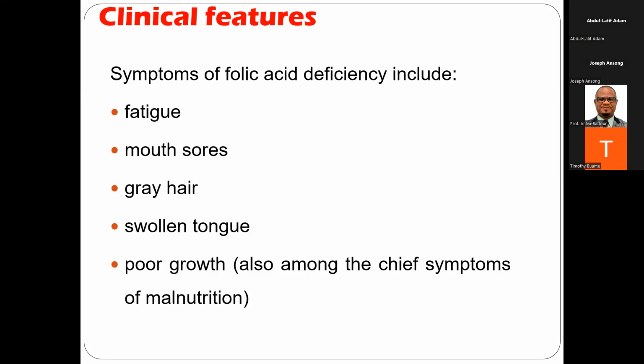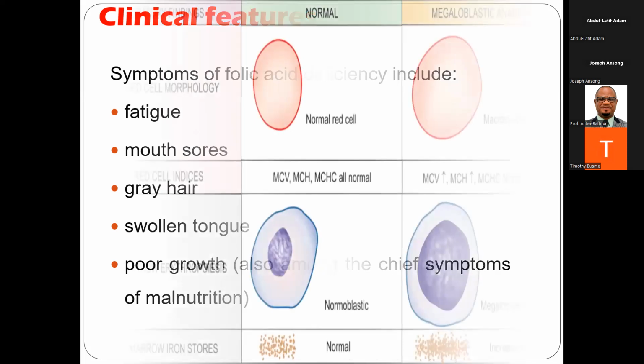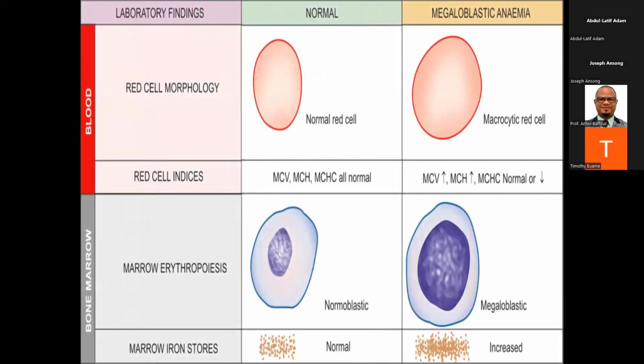Of course, malnutrition can lead to folate deficiency. In the laboratory, the cells appear larger than normal, so macrocytic cells. In megaloblastic anemia, you will see macrocytic cells.